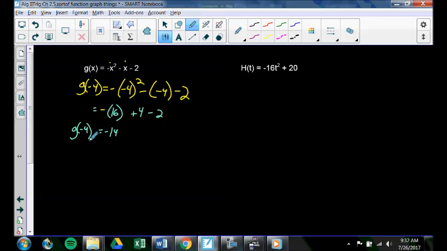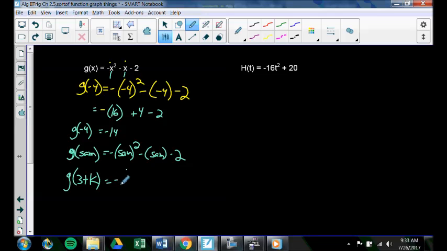And if I were to do something like g of Sam, g of Sam would be negative Sam squared minus Sam minus 2. And if I were to do something like g of 3 plus k, I would plug a 3 plus k in here and here.